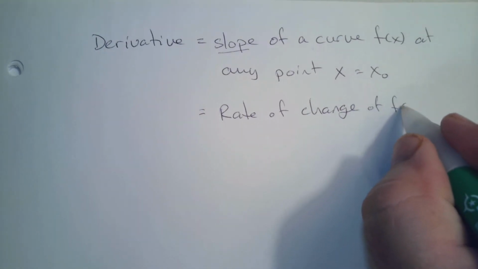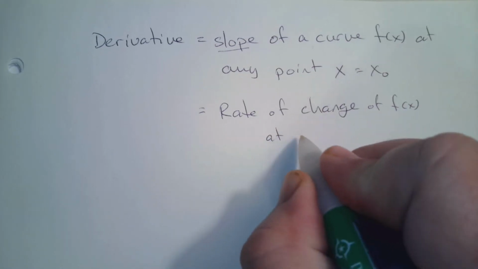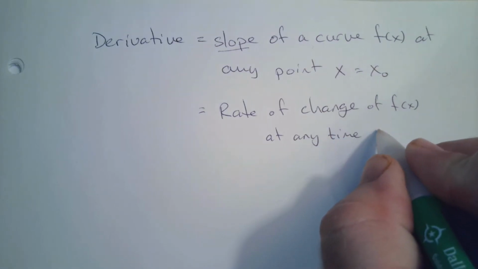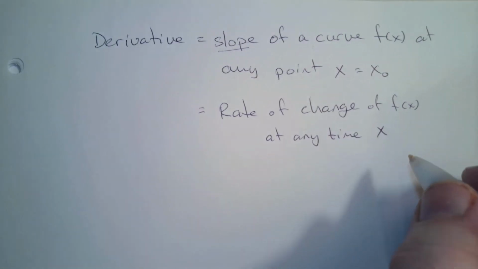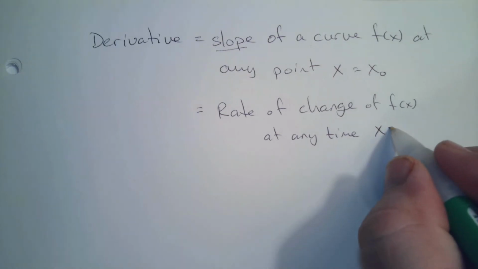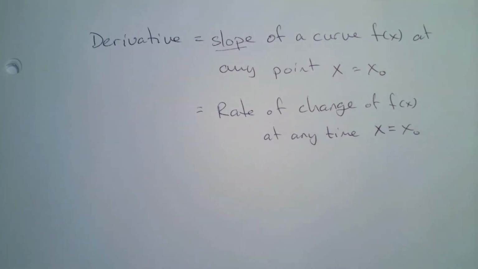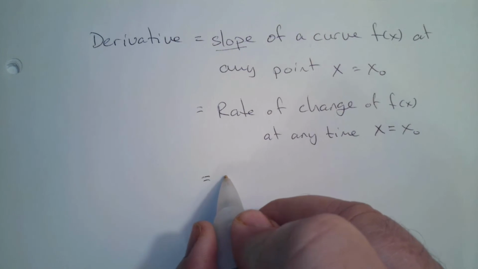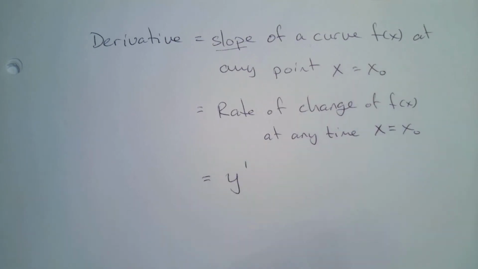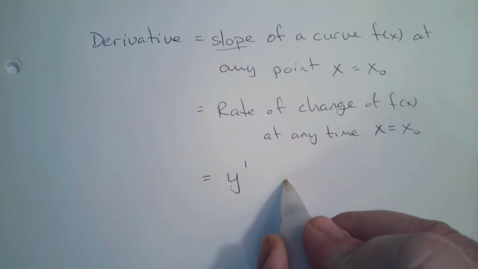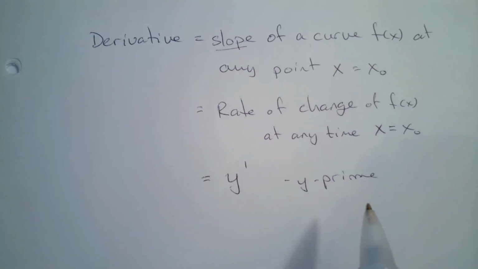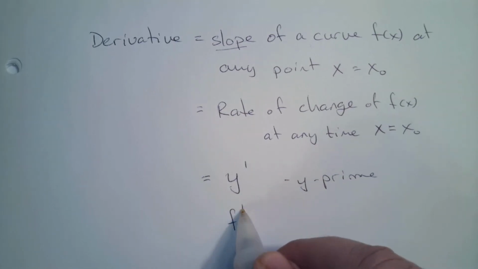Now, the symbolism for a derivative is either y prime, that means a derivative, or you can write f prime of x.